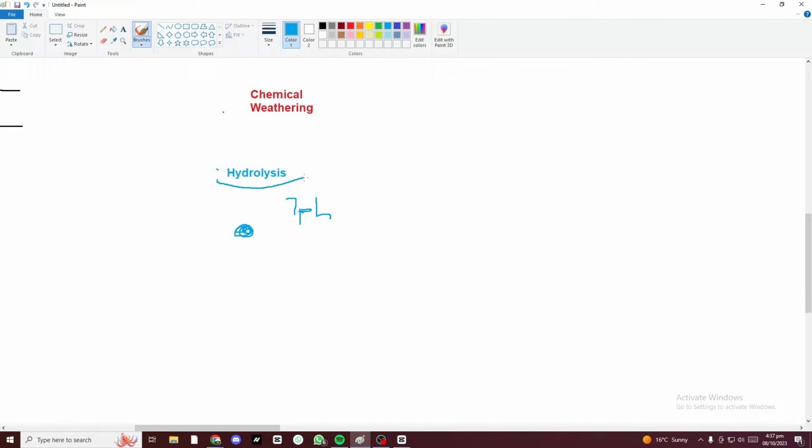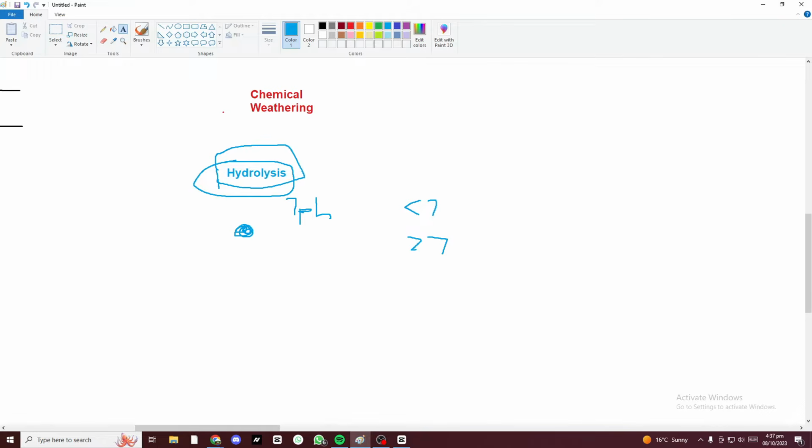So for hydrolysis to take place, the water pH level has to either be way below 7 or way above 7. Okay. An example of hydrolysis is when acidic water reacts with feldspar in granite to form kaolin and salicylic acid and potassium hydroxyl. Okay, so first type of chemical weathering is hydrolysis.